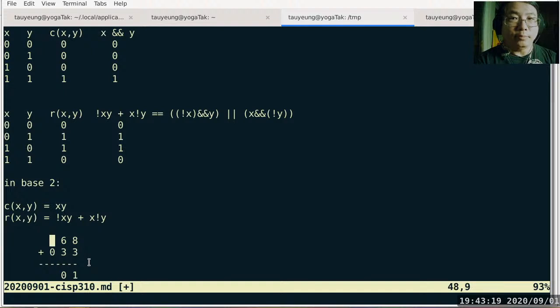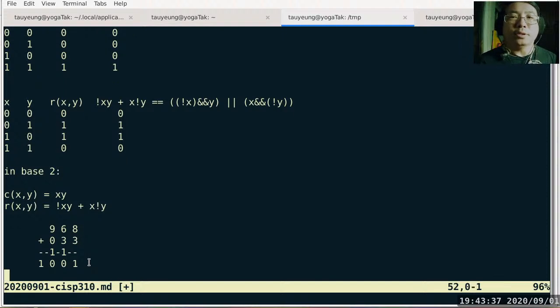So this is 9 plus 0 plus the 1 that is the carry. Now this one is also a 0. And then 9 plus 0 plus 1 has a carry of 1. So we end up with a 1 over here for the thousands place. So now we have 1001 as the result of adding 968 to 33.